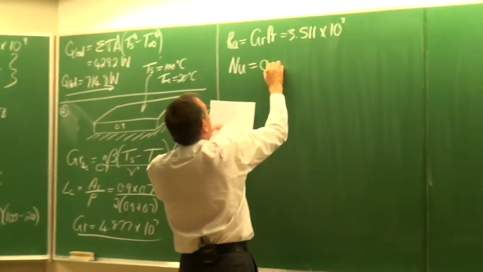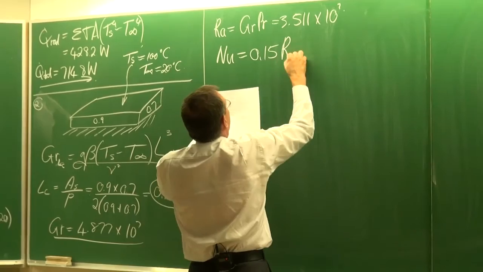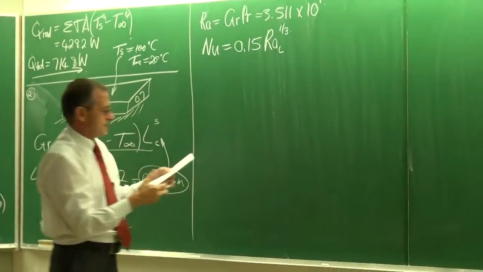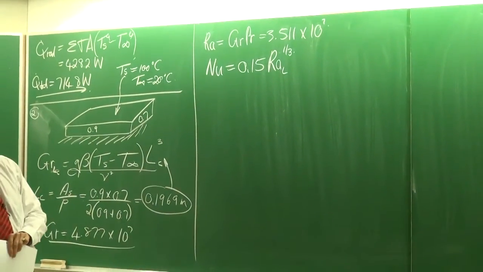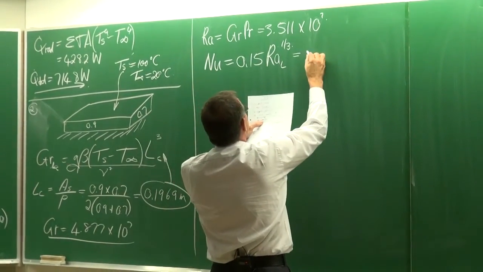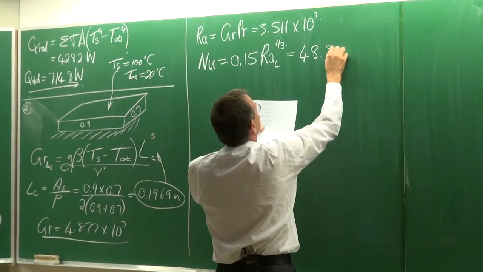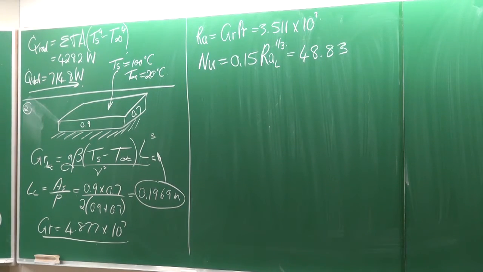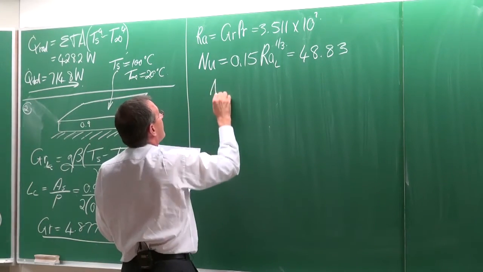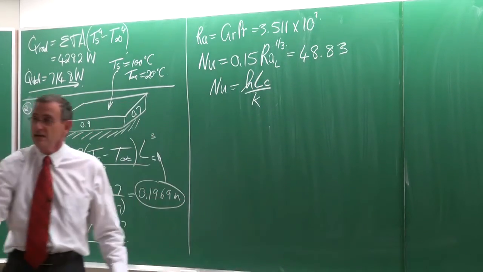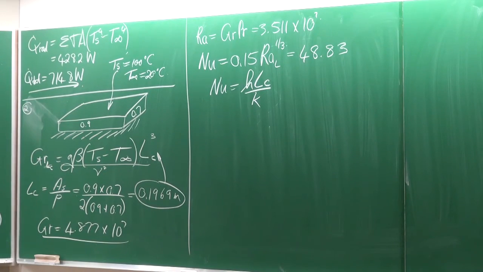Right, so we calculate the Nusselt number now with a simpler equation. 0.15 multiplied by Rayleigh to the third. And there's the Rayleigh. I just need to put it in there, and it gives me a Nusselt number of 48.83. The Nusselt number is equal to the heat transfer coefficient multiplied by the characteristic length divided by the thermal conductivity.